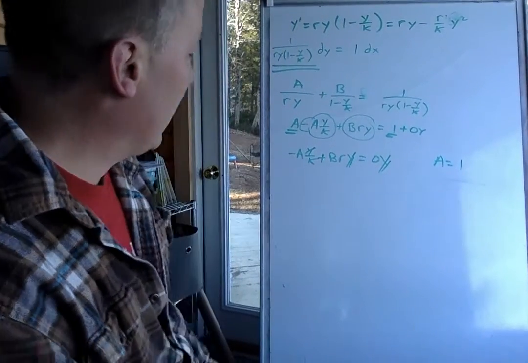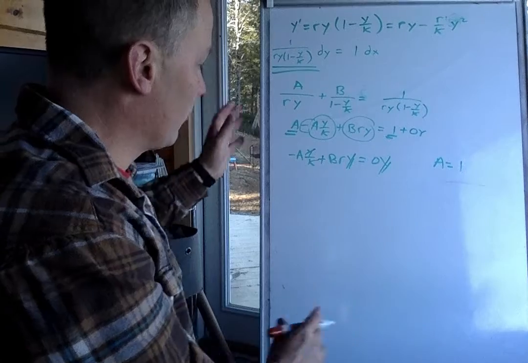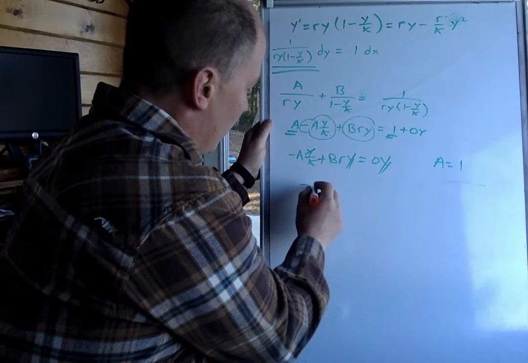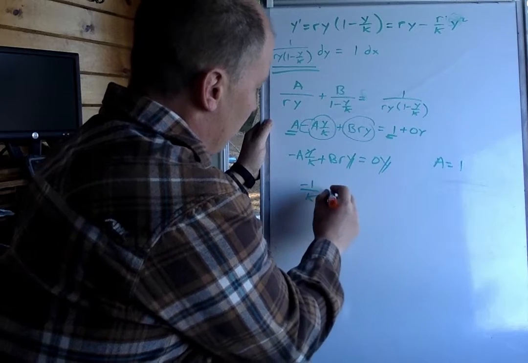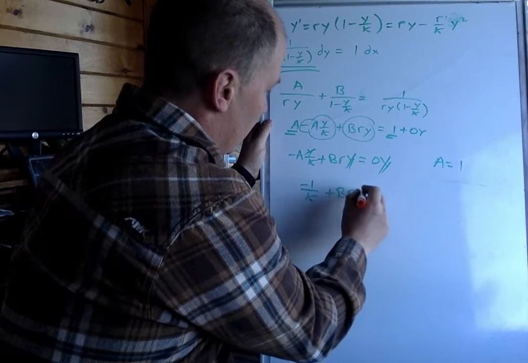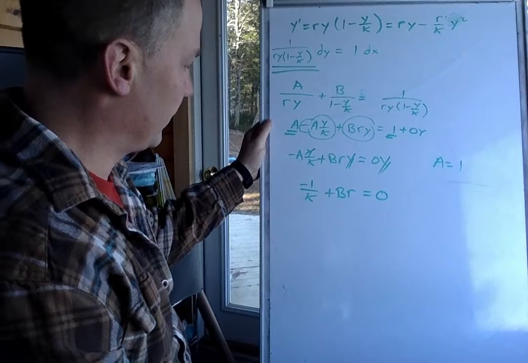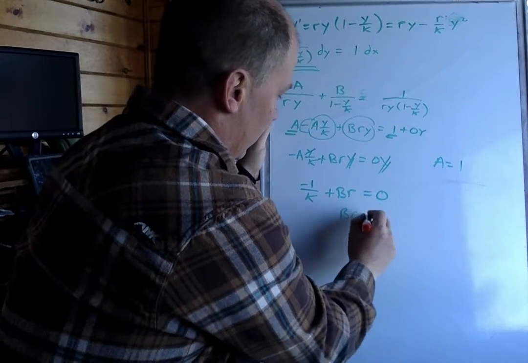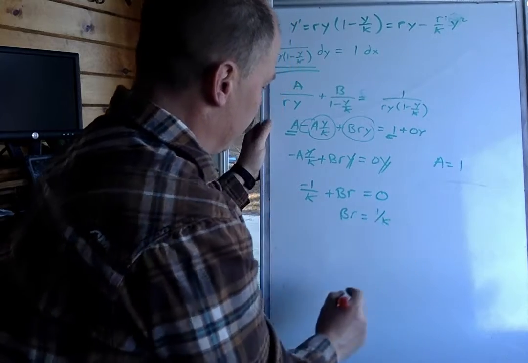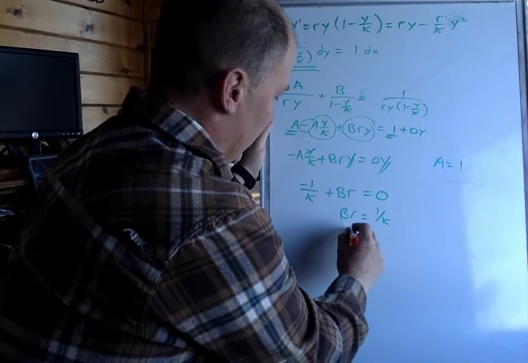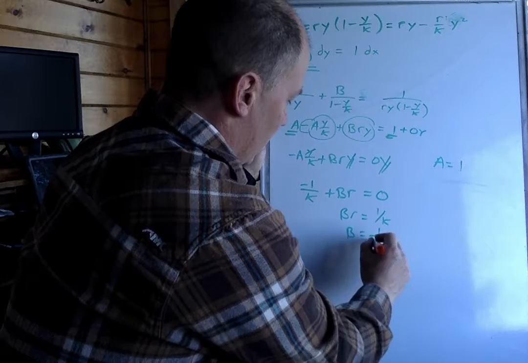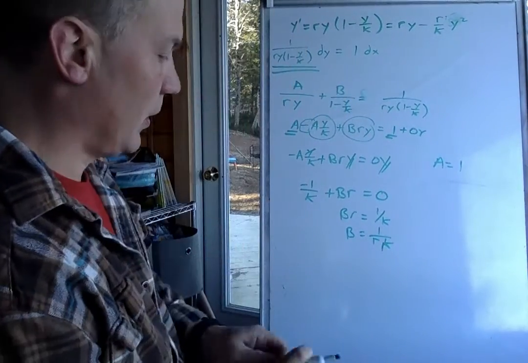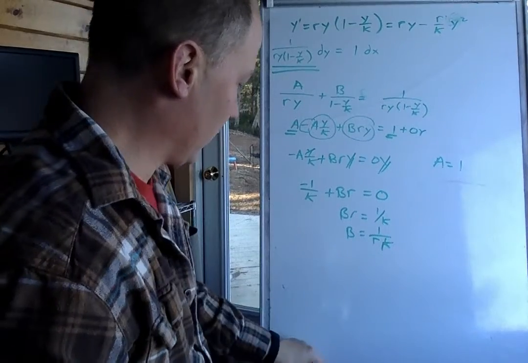So that's nice, a equals 1. Now a is 1, so negative 1 over k plus br equals 0. I have to add 1 over k to both sides: br equals 1 over k. And therefore, b equals 1 over rk. Great, that was a bit of work.